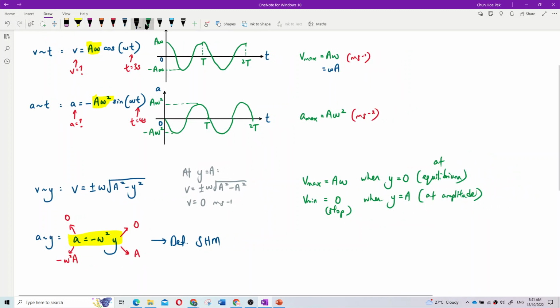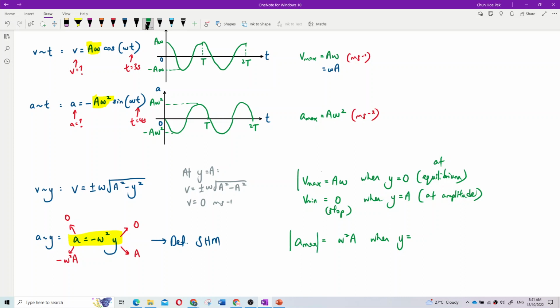I can write another note here. Acceleration maximum is equal to omega square a when y equals amplitude. We just put the value, we don't want the direction, we don't want the negative sign, just the magnitude.